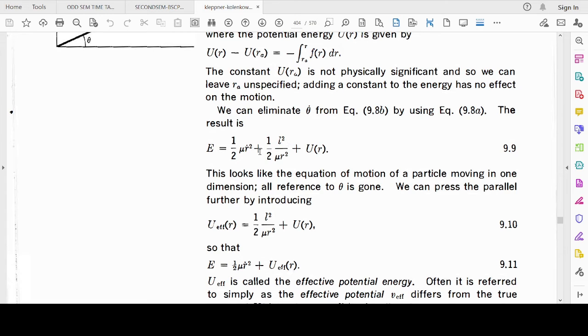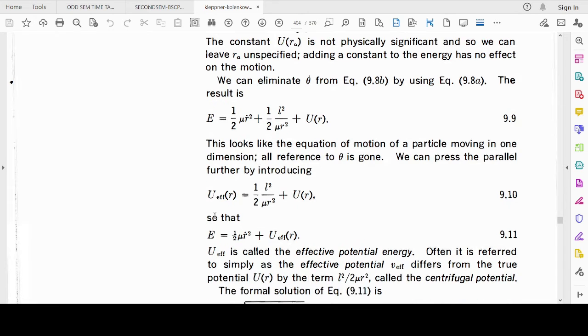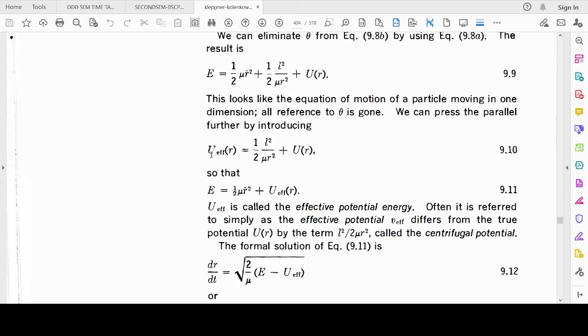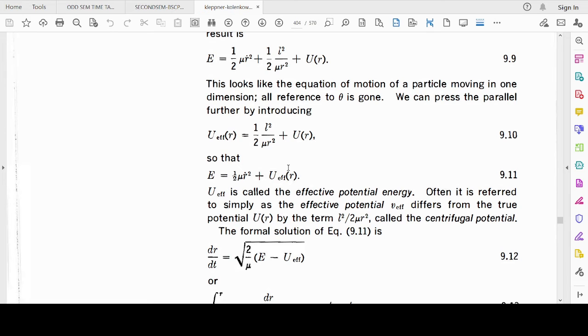That is, motion in the r direction is what we are going to consider. So the kinetic energy due to the angular motion plus the potential energy can be combined into a single potential energy. We call it the effective potential energy. So that will become half L square by mu r square plus U. So that is called the effective potential.